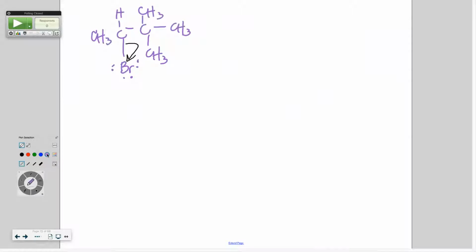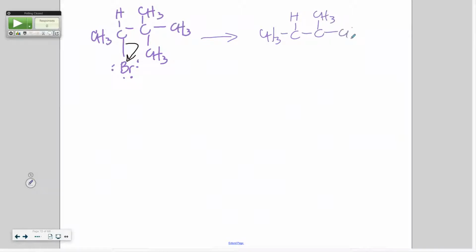Okay, so what do I have now? Draw what didn't change. Did we touch anything else on the molecule? No, so it's all still here. Okay, now let's evaluate what changed. We took those electrons and we put them on the bromine.